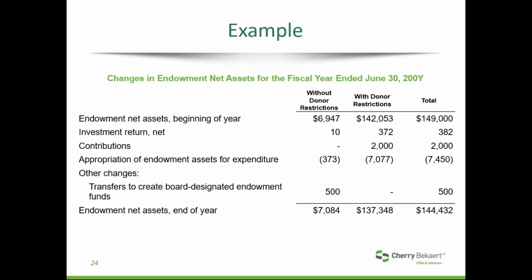This includes everything from interest income, realized and unrealized gains and losses, and investment fees. In the past, we would show the detail and then subtotal it, and it was an additional item that drew your attention to the detail of the investment return.